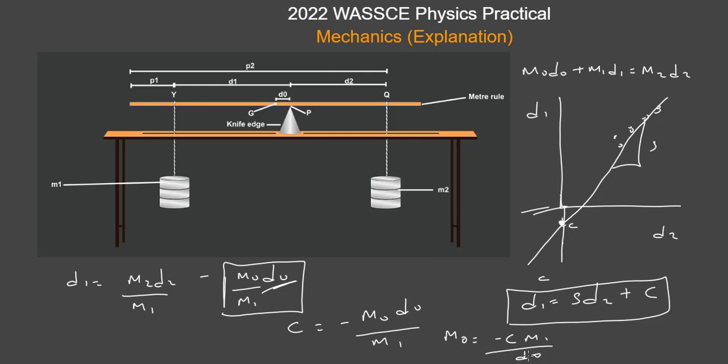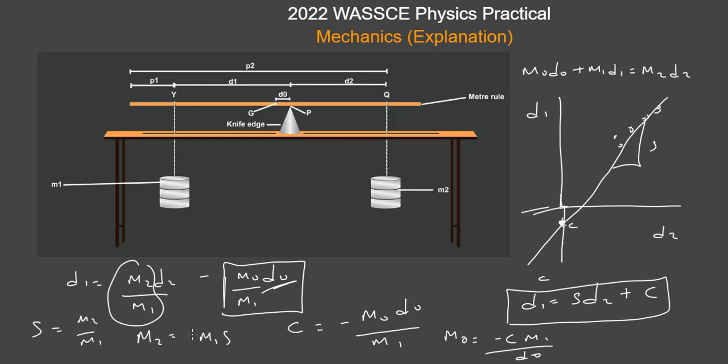Another thing you need to note is, what if I want to calculate m2? m2 can be calculated from the slope. This represents the slope here. So it means S is equal to m2 over m1, which means you may be told to look for m2 as follows: the second unknown mass is m1 times S. So sometimes I could just tell you, from your slope, calculate slope times m1.